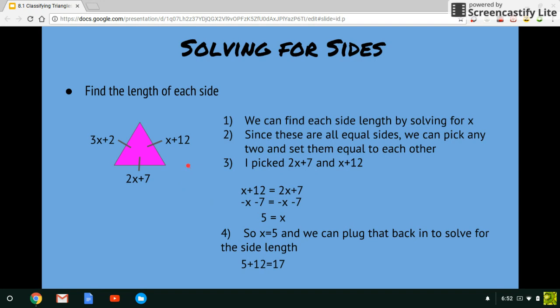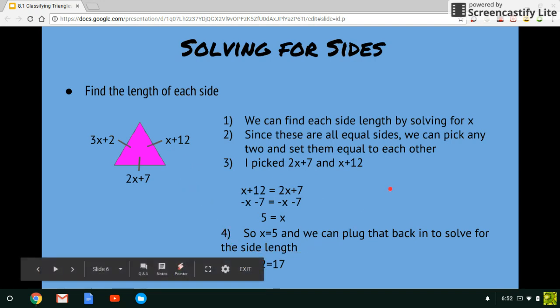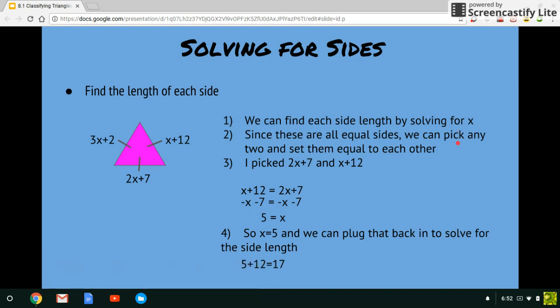If we plug that back into x plus 12, we get 5 plus 12, which is 17. So all the side lengths are 17 units. Since this is an equilateral triangle, each side is going to be the same. And since this side is 17, all the sides are 17. Cool.